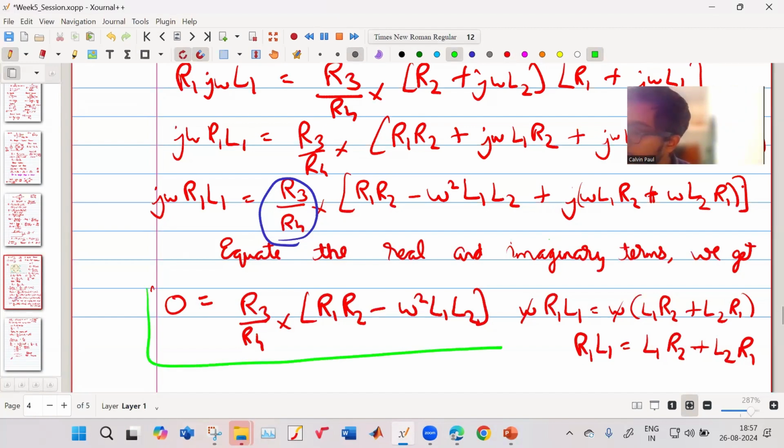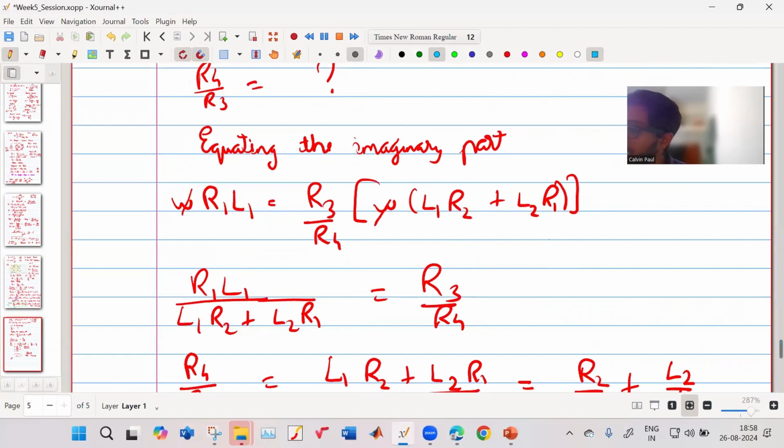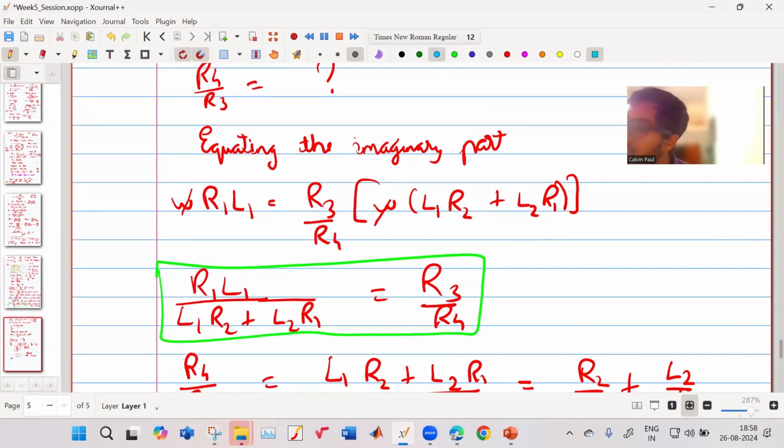Here you may think that at some particular frequency this can be valid, because you are changing omega. But for the imaginary part, the expression is given like this, and omega is not present.